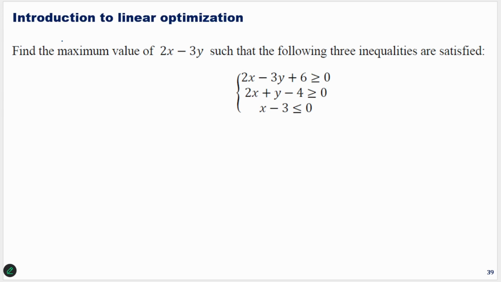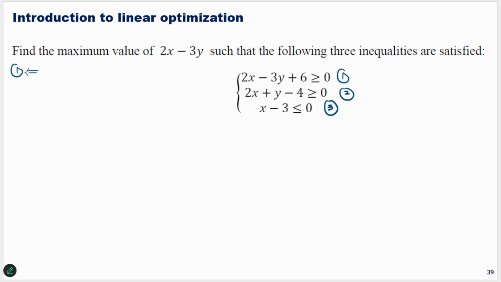Let's have a look at the solution together. So basically, this corresponds to a region, right? You need to find the region first. And in order to find the region, usually we'll consider the boundary lines first. So let's call them region number 1, 2, 3.